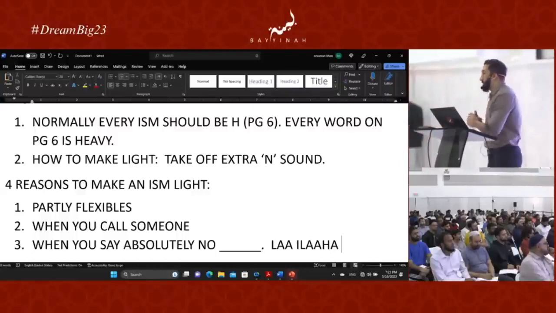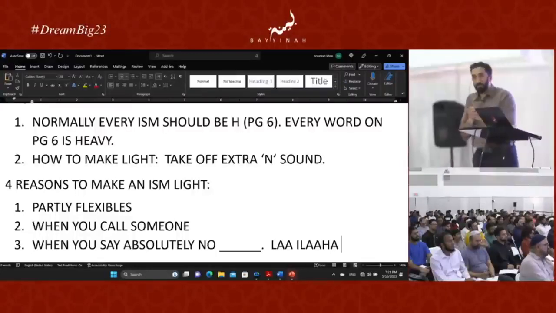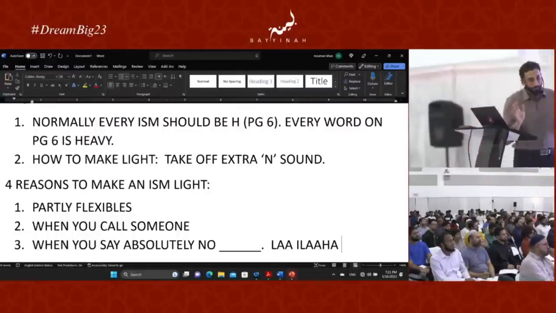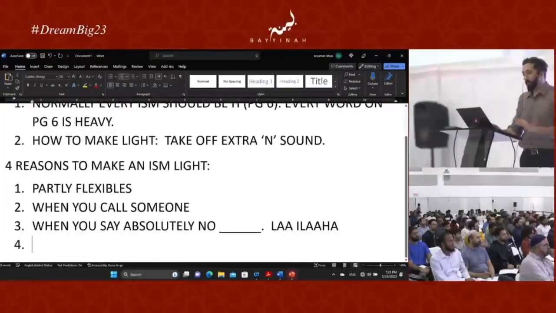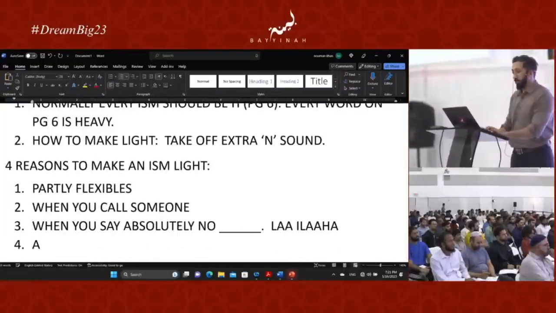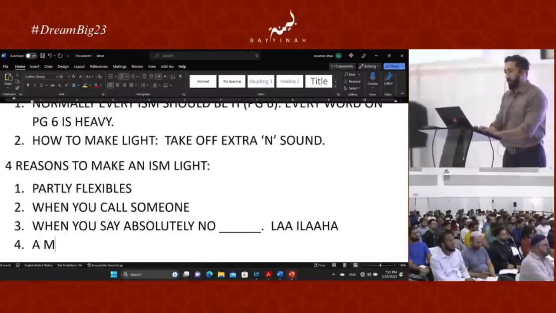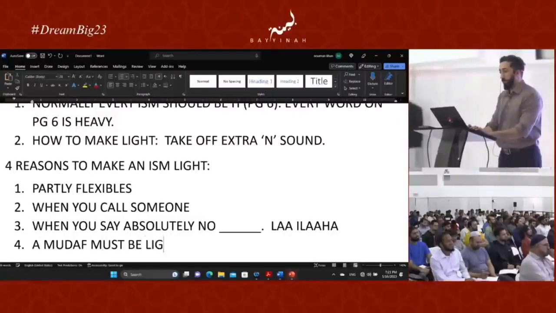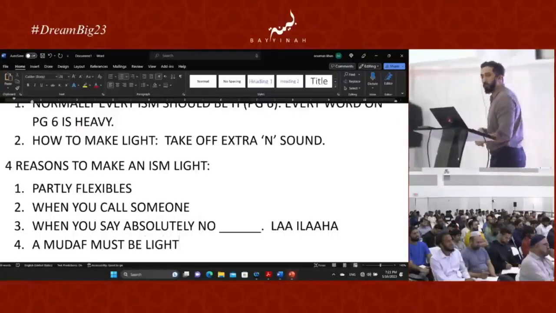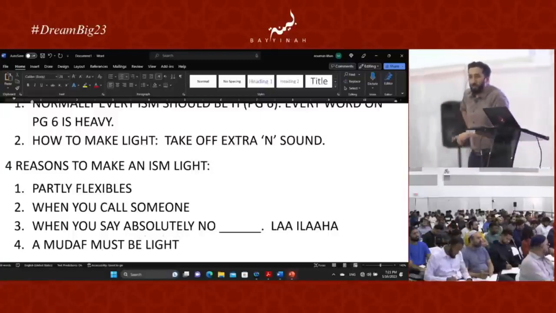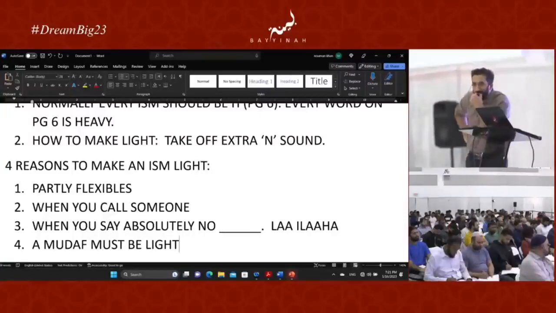Anyway, how many reasons are there supposed to be for making something light? How many do we have so far? The fourth one is mudhaf must be light. Yesterday, before we ended class, I said this crazy thing. Mudhaf and his cousin.